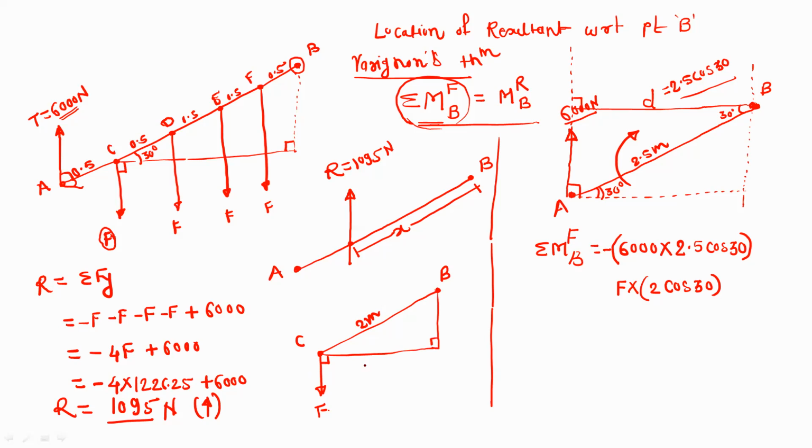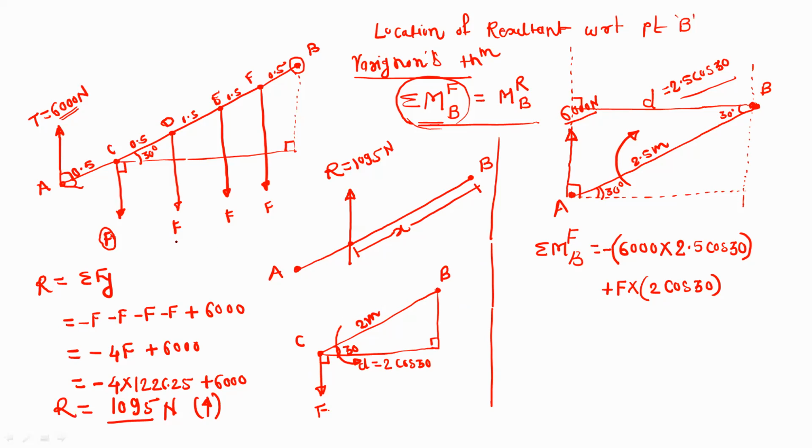So this is the perpendicular distance D, and that is equal to 2 cos 30, as this angle is 30. This moment is F into 2 cos 30, and this force tries to rotate this beam AB in the anti-clockwise direction, and therefore it is plus.